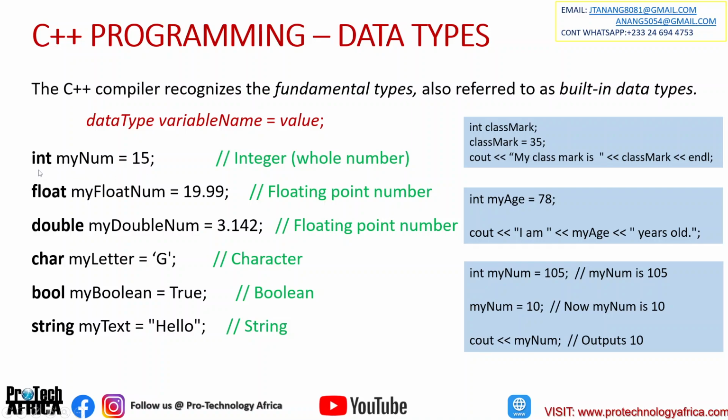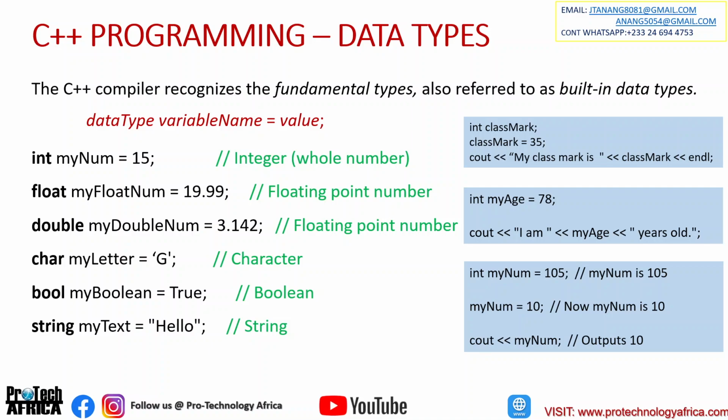Here, the data type is an integer, and the variable name is myNum, and it's equal to 15, meaning we have a variable which is an integer data type, and the number this variable contains is 15.